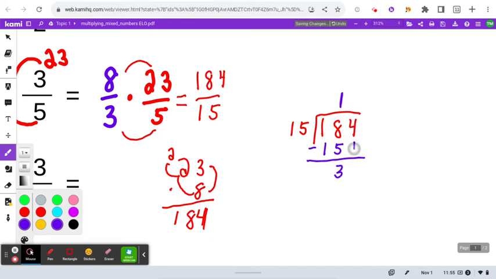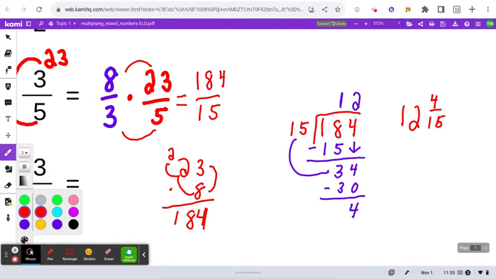Then you drop down the 4. 15 into 34. I know 15 times 2 is 30. Then I'd get a remainder of 4. So my final answer would be 12 and 4 fifteenths.